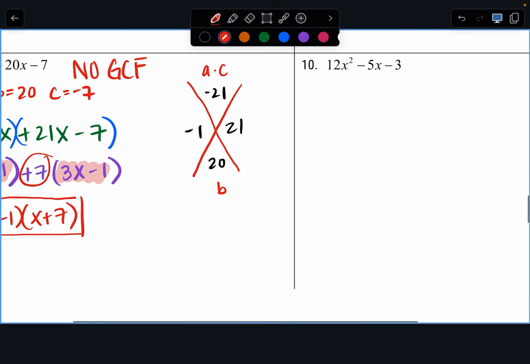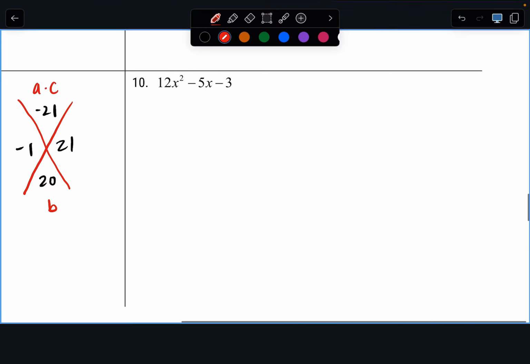Okay, let's do example 10. Then I will stop and give you your practice, and you will have to do it on your own without any help from me. We need to finish this because you will have a test over this in like a week and a half.